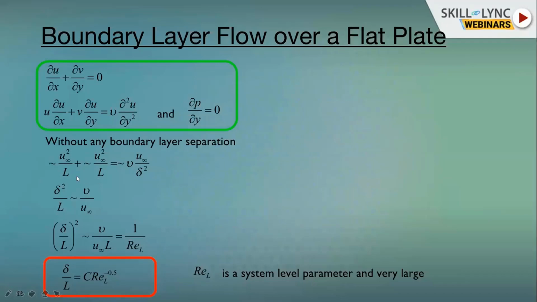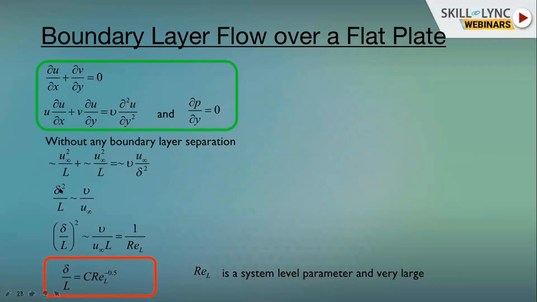Here someone may question that with plus of u infinity square by L and u infinity square by L there may be 2 u infinity square by L, but we are not interested in the addition. Rather, we are interested in the order of magnitude analysis, meaning whether the order of magnitude of both terms is the same or not.